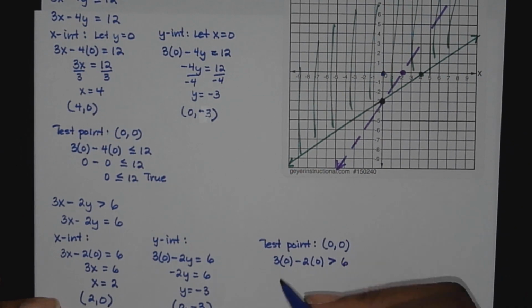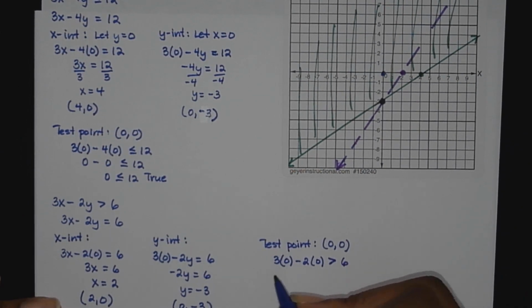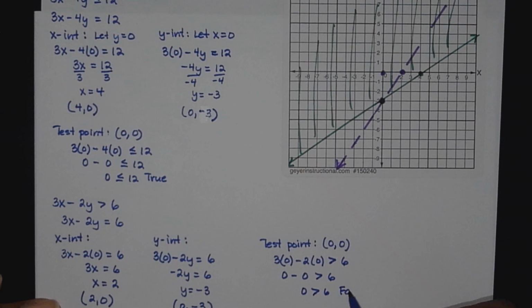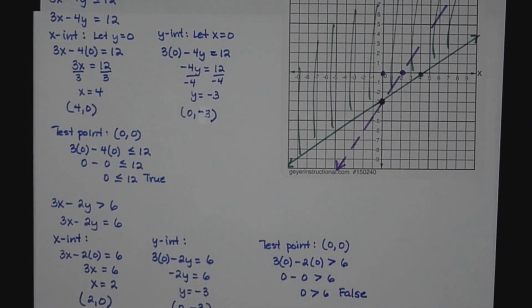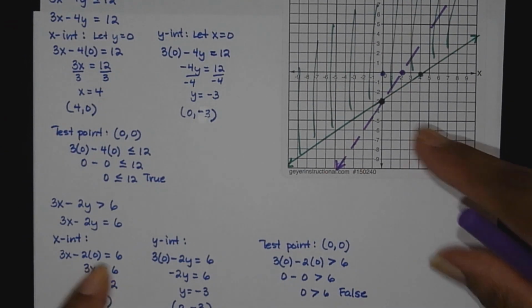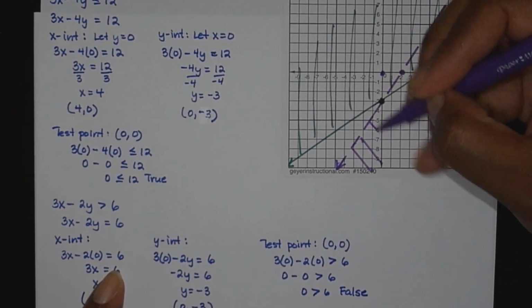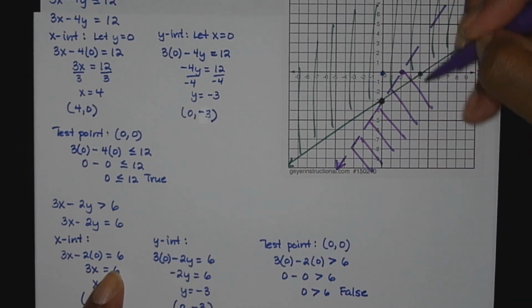That has to be greater than 6. 3 times 0 is 0, minus 2 times 0, that's 0. Is 0 greater than 6? No, that's a false statement, so we shade the region that does not contain the test point. So in this case, here's 0, 0, we have to shade the region below it.